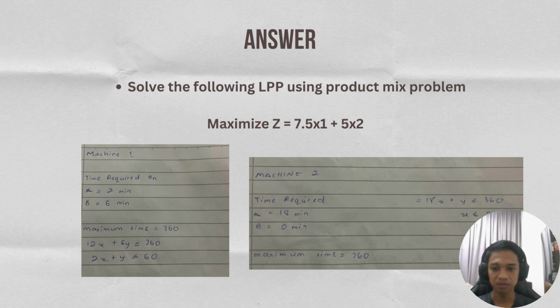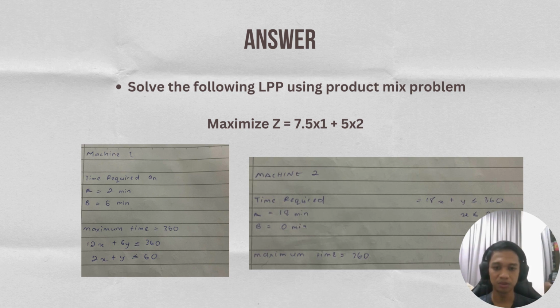So from the information given, we put the information back into the equation. The equation is 12x plus 6y less than or equal to 360. The answer is 2x plus y less than or equal to 60.